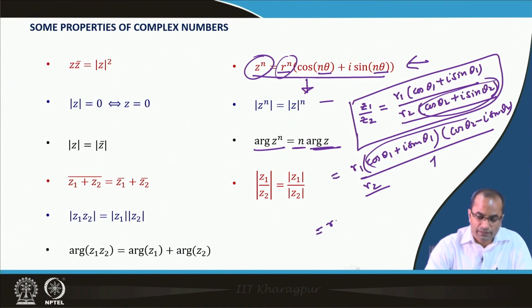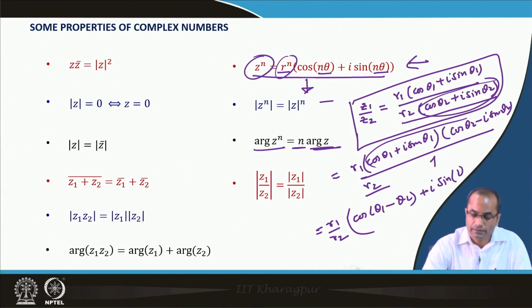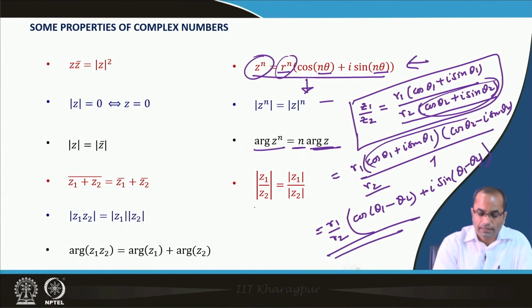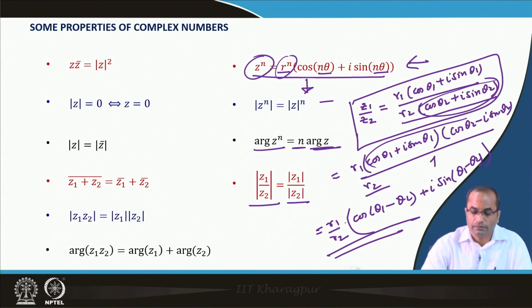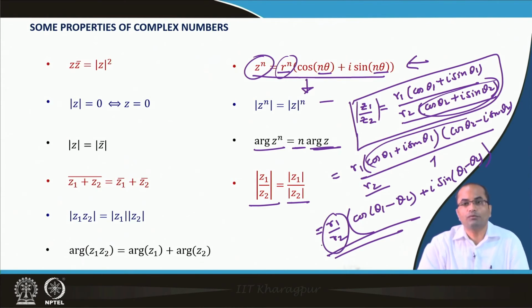What we will get finally is r1 by r2 times cos(theta 1 minus theta 2) plus I sin(theta 1 minus theta 2). So this relation we will get, and we can directly get that the modulus of z1 divided by z2 is nothing but r1 by r2.